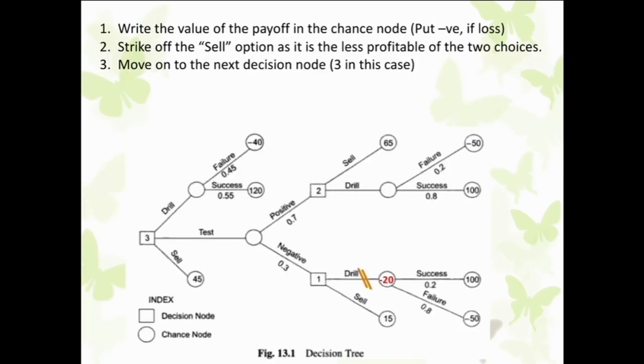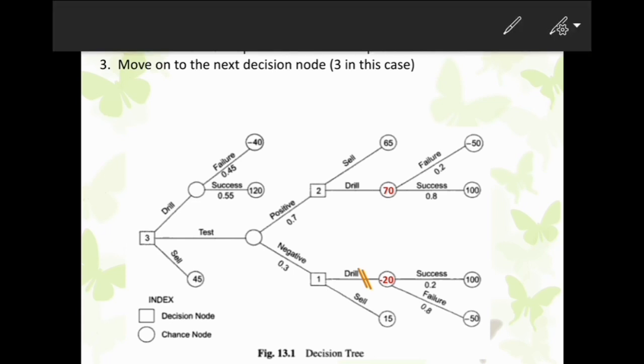What we are going to do is write down the payoff value in the chance node as well as the decision node. The expected payoff for drilling is 70 million and selling is 65 million. So you can compare and see that drilling offers the best choice, and you can write that down.